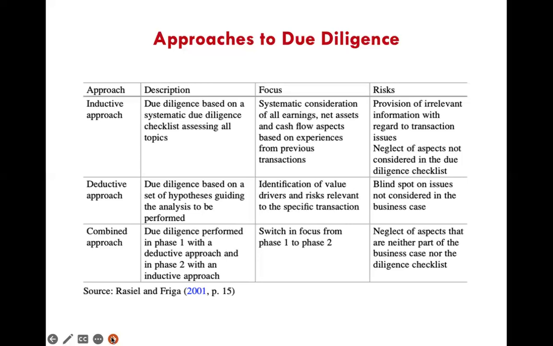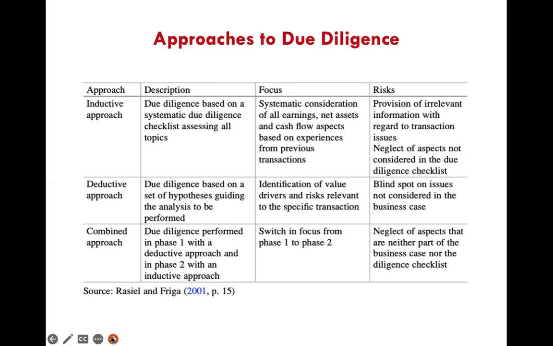However, in an inductive approach, usually the process focuses on all aspects of the property or all topics of the property, right, in a very systematic way. So it is usually a bottom-up approach which deals with every piece of information.